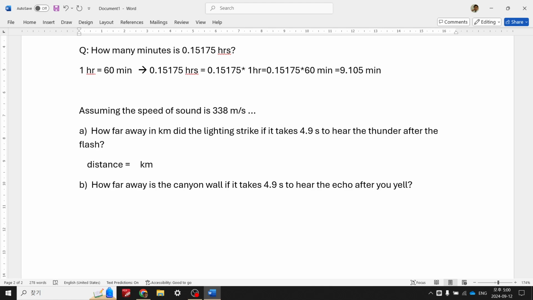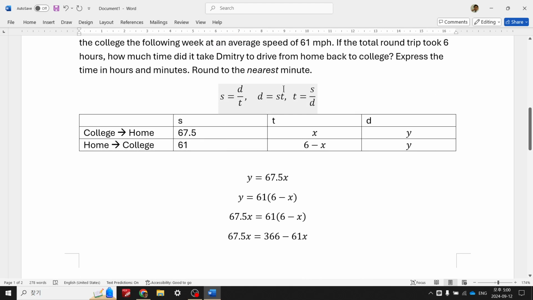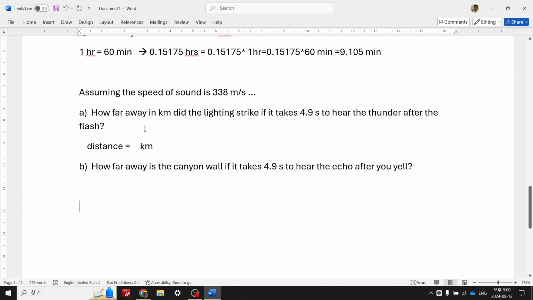Okay, so this is about, again, speed, distance, time, right? And it's asking for the distance. Which of the formulas that we wrote tells you the distance? The middle one, distance is speed times time.